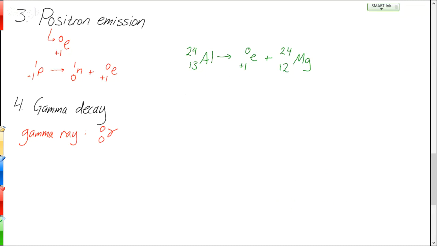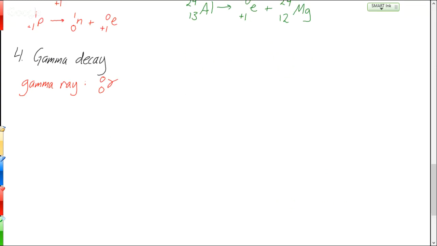It's just high energy light. So you just write the letter gamma with 2 zeros because there's 0 charge, 0 mass. That's going to make writing our equations a little difficult, because if we don't have any numbers, then we can't subtract anything and find out what's left. So what happens in gamma decay or gamma emission is that we're not changing mass, we're just changing energy.